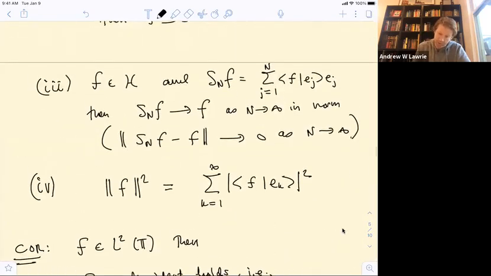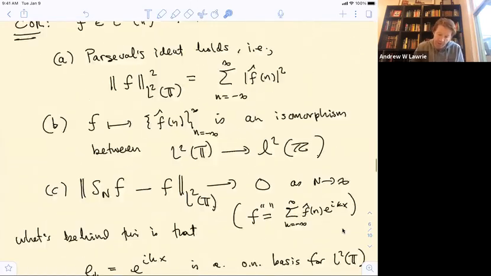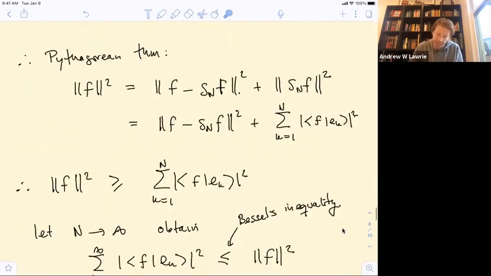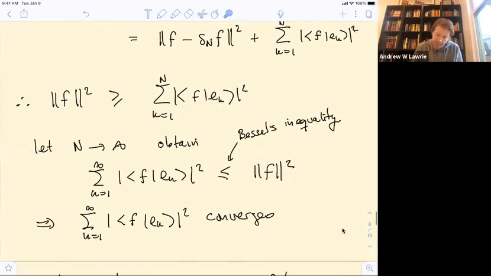So we'd like to show, given the thing we just proved, that 2 implies 4. But now we're almost there, because we already proved Bessel's inequality. So let's call this star.